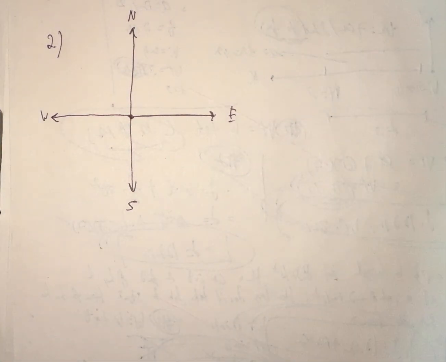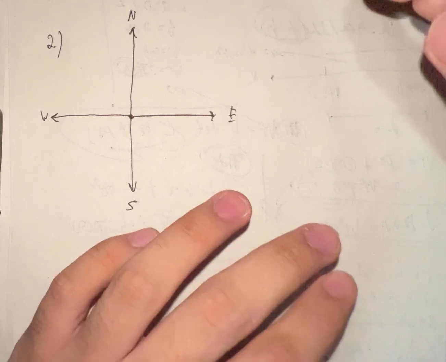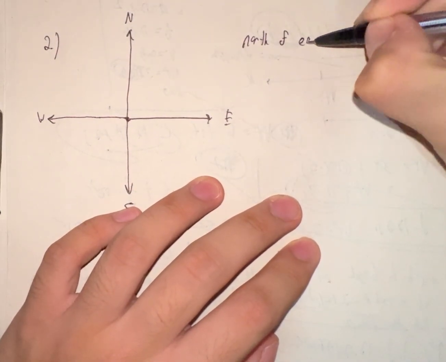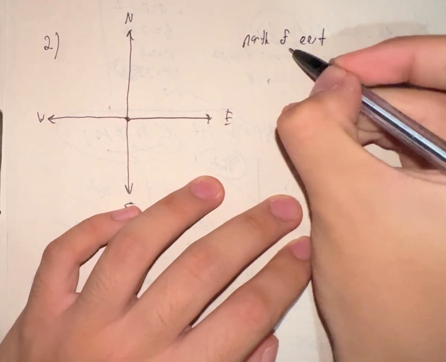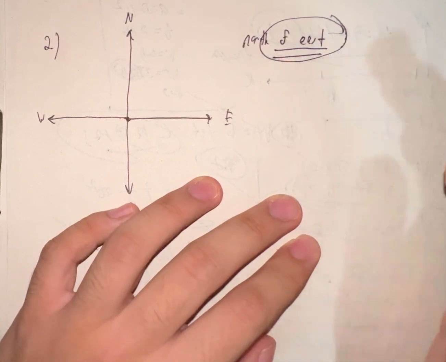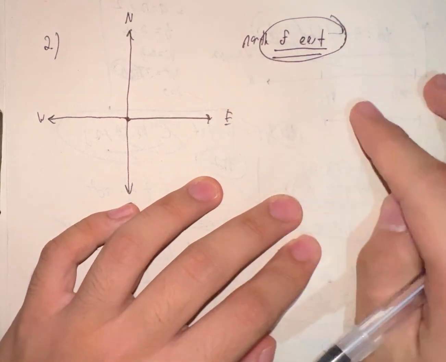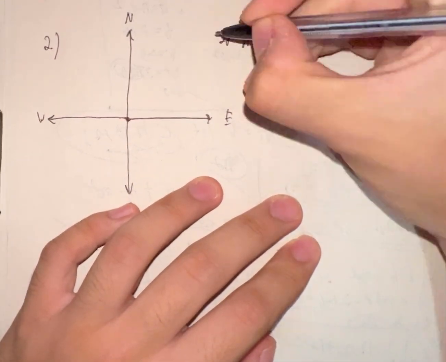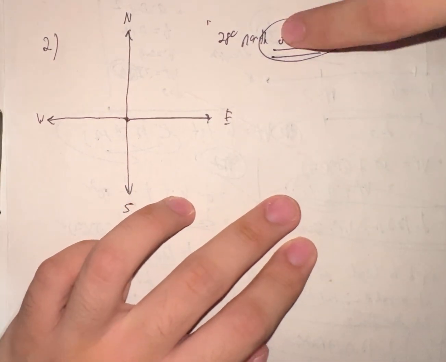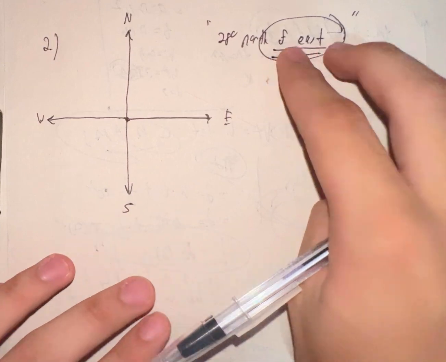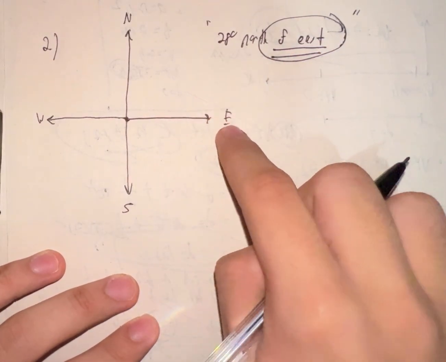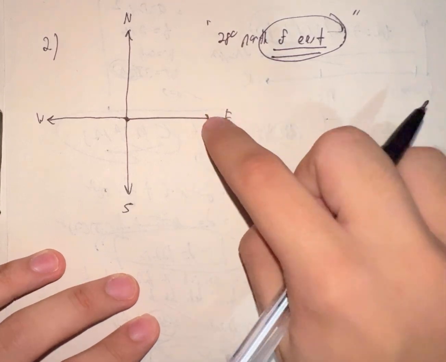When it comes to a direction like this, let's first refer to the "of east" part. If it says of east, of west, in this case of east, let's point at east first. That's going to be our first subject.